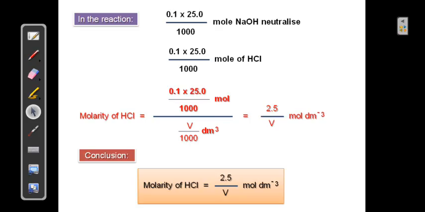Don't get confused. This is very simple. You just look carefully at the figures to understand the relationship between the volume and the molarity. So to get the molarity, this is how you do it.